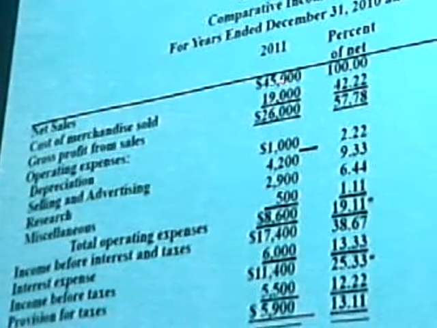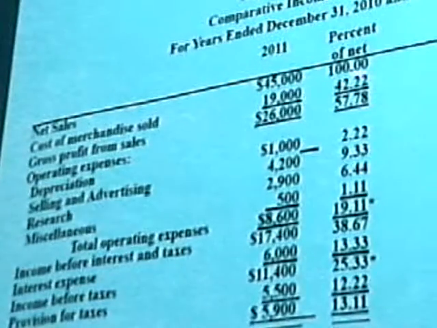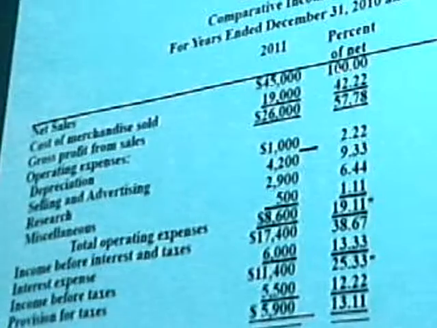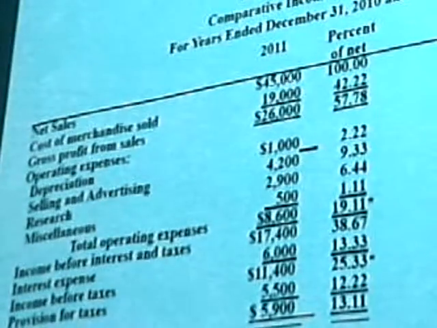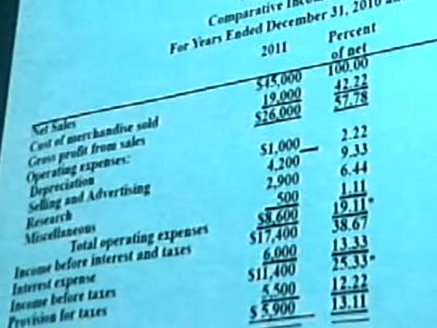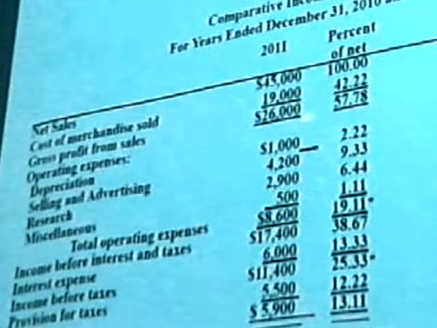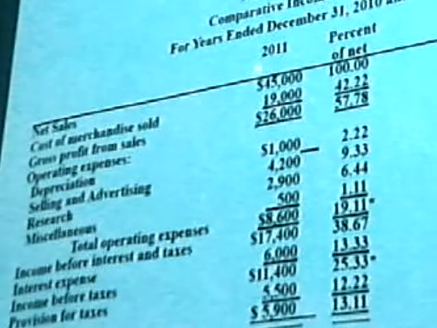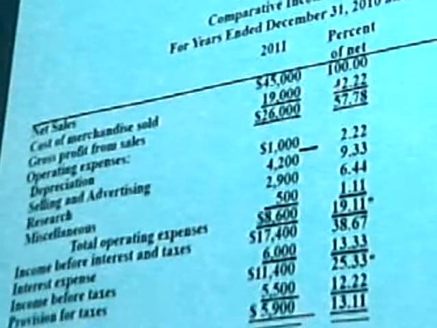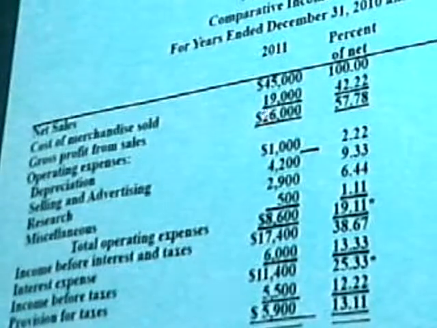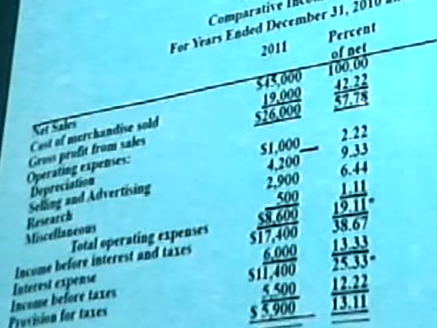Well, now it's net sales. Do you see to the right of net sales? You recognize something? 100. So how do we get that answer? 45,000 divided by 45,000. So how do you do the next one? 19,000 divided by 45,000. Get this number. Next one, 26,000 divided by 45,000.